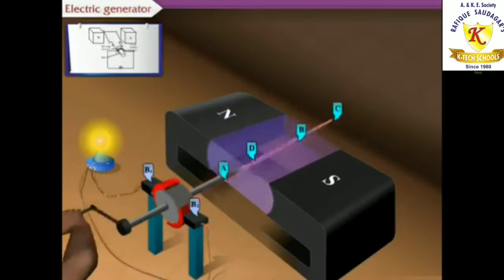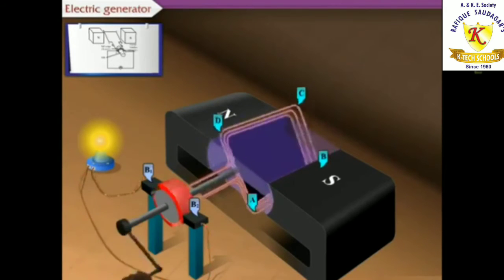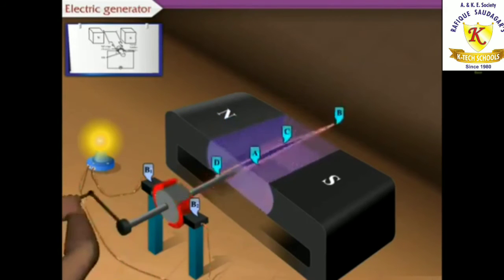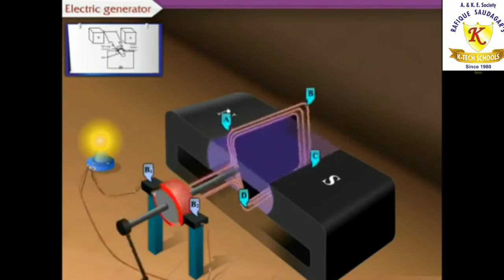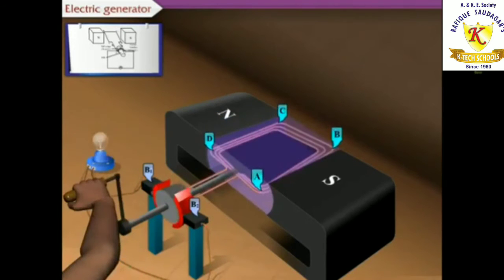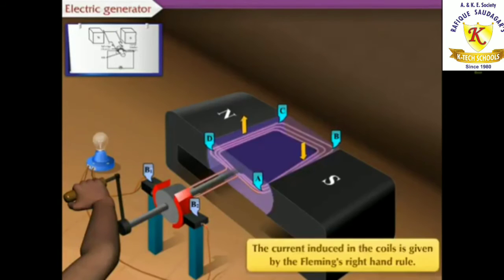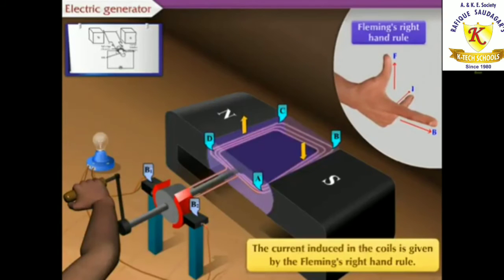Let the coil rotate in clockwise direction such that branch AB is moving downwards while the branch CD will move upwards. So the current induced in the coil is given by Fleming's right hand rule.